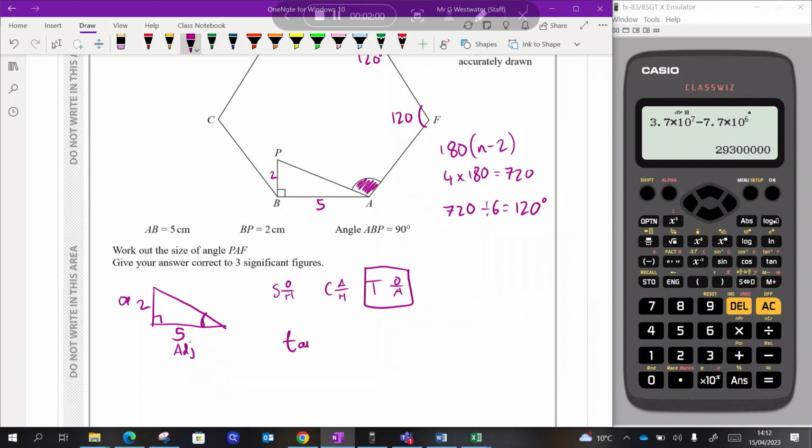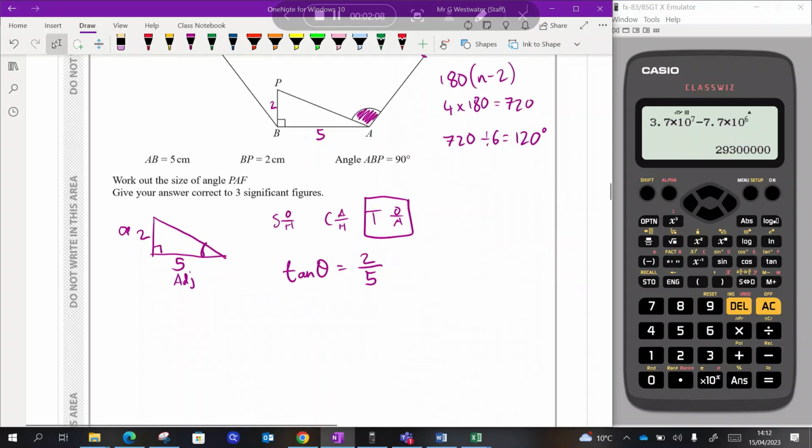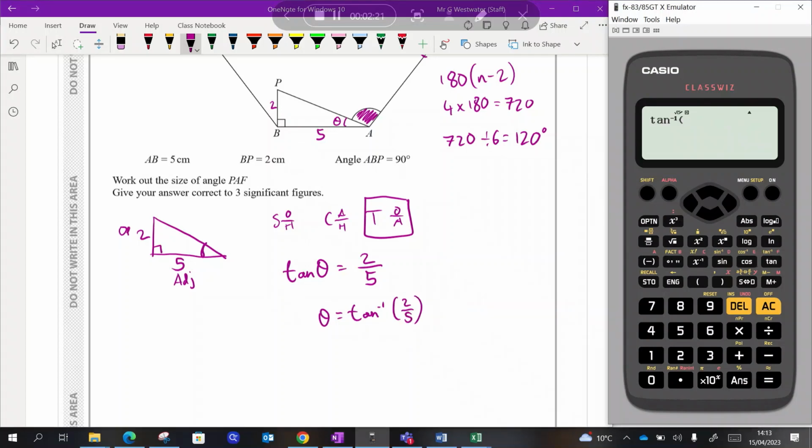So tan theta, let's call it, equals 2 over 5. And then to work out this angle, theta equals inverse tan of 2/5. We access that by doing shift and then tan of 2/5, which is 21.8.